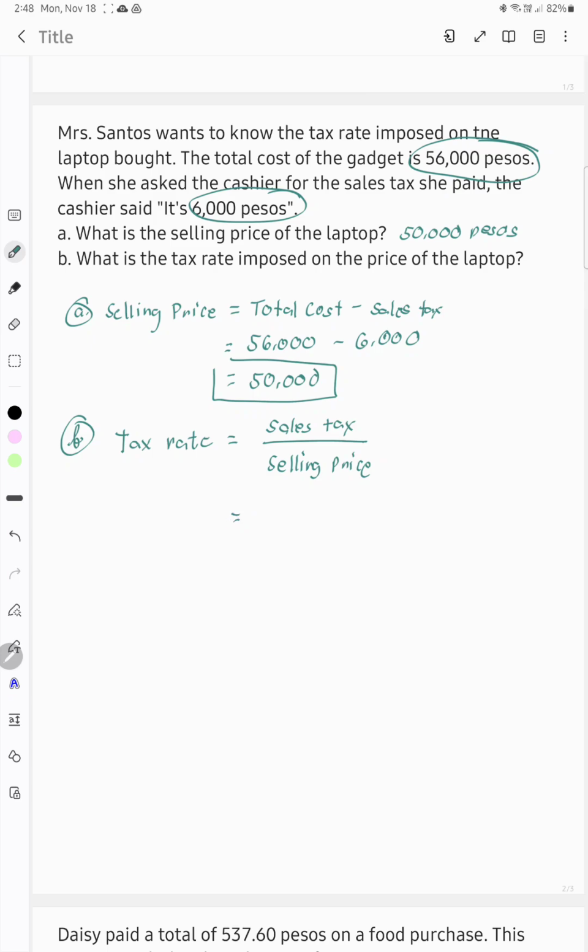The sales tax is 6,000 divided by the selling price, which is 50,000.